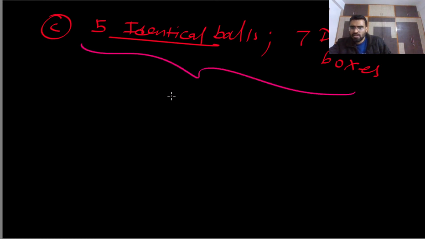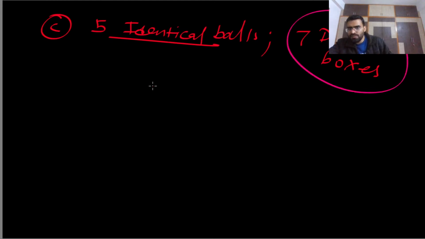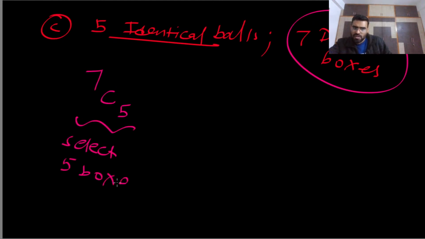Because boxes are different, from seven boxes you select five boxes. Once you have selected five boxes, there is only one way, because all the balls are identical. So the answer will be 7C5.